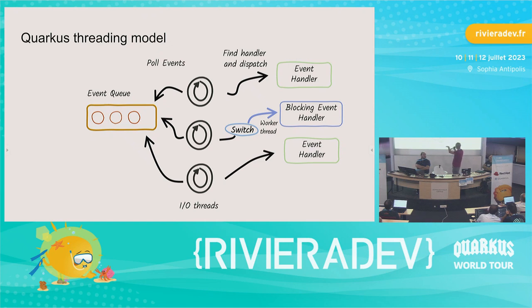The expectation is that the native framework is made of different event loops. Who knows about event loops? Yes, it's definitely a well-known term. These are called I/O threads. These I/O threads are meant to perform operations on the connections of different clients that connect to the application server. They are using Netty, Vert.x, and RESTEasy Reactive.